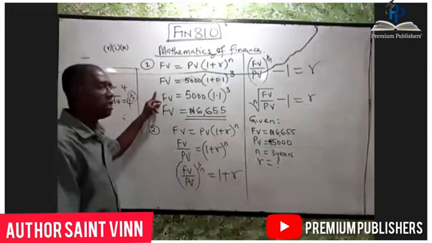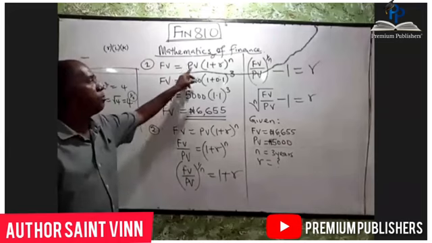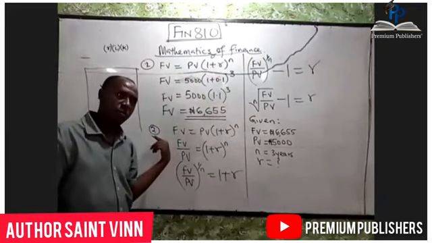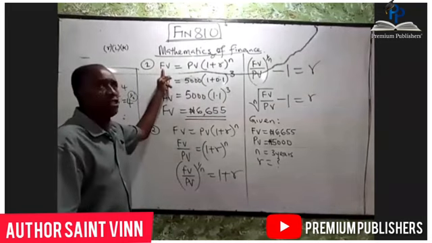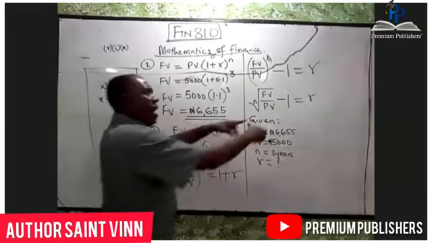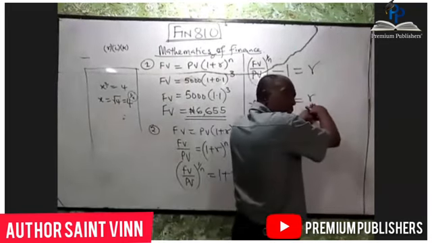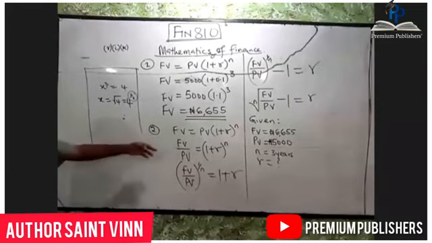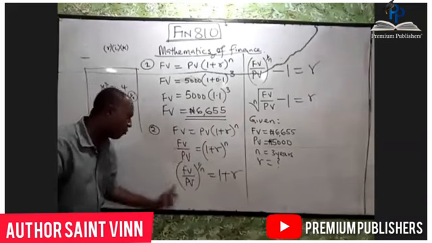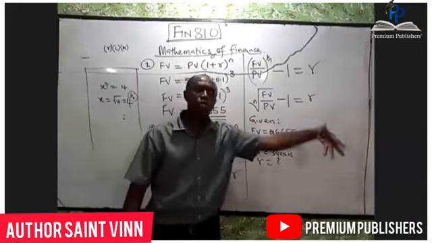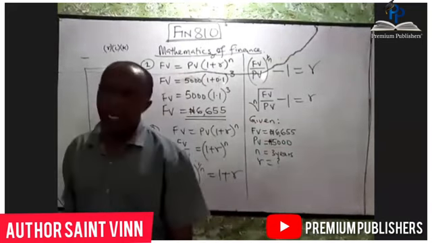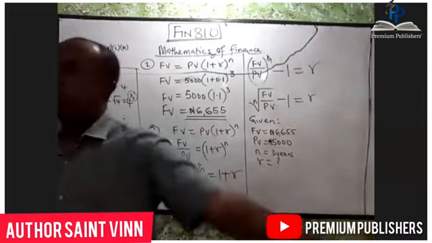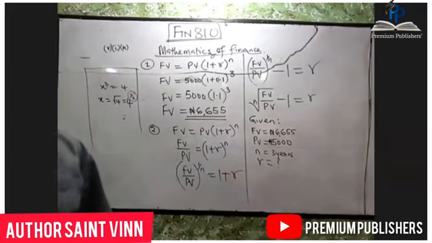The first question we gave, 3 were also given: PV, R, N, and we found FV. Remember, FV there is the subject of the formula. Now we're trying to make R the subject of the formula so that we just apply it straight. Because if we don't apply it straight, we still have to go through all this working to arrive at this level. So the best thing is to try and know the formula for finding rates or interest rates.